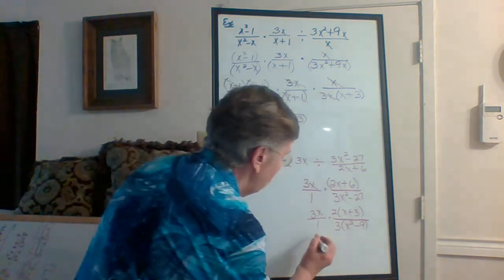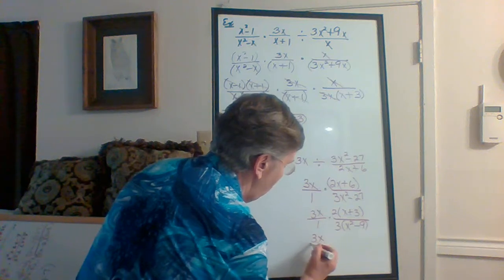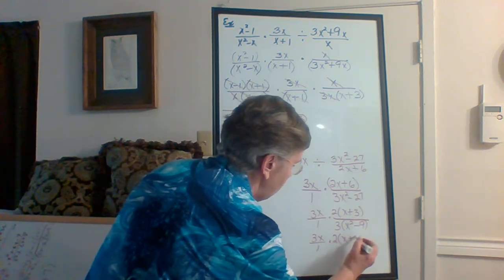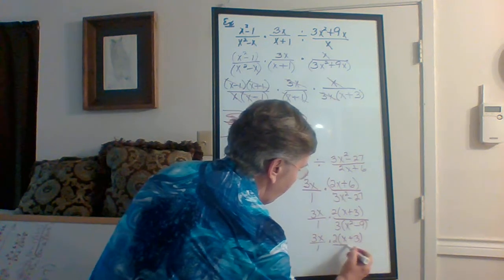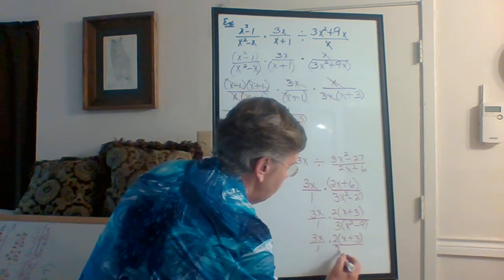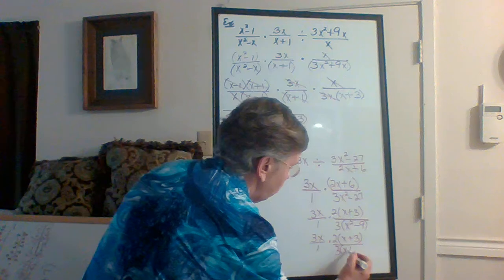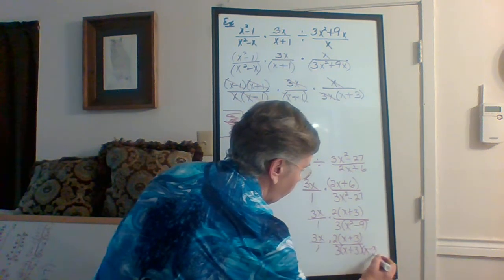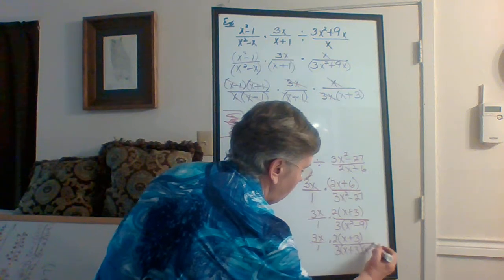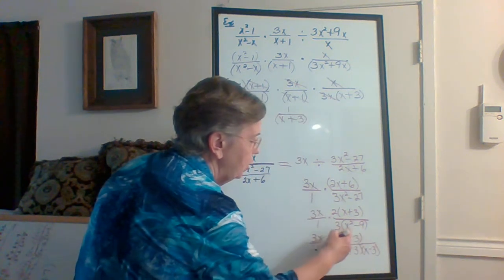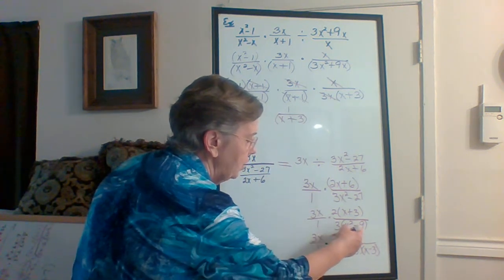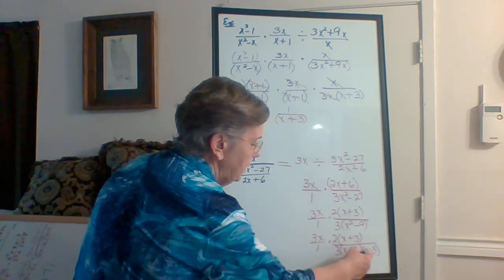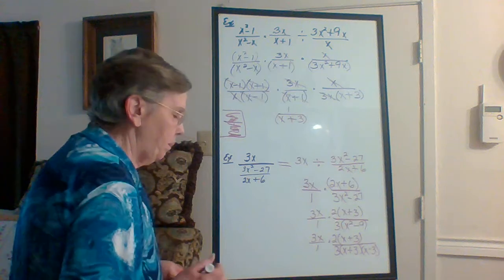So this is going to be 3x over 1 times 2 over x plus 3 over 3 times x plus 3 times x minus 3. Remember, that's the difference of two squares, a perfect square, x, 3. One's plus, one's minus.